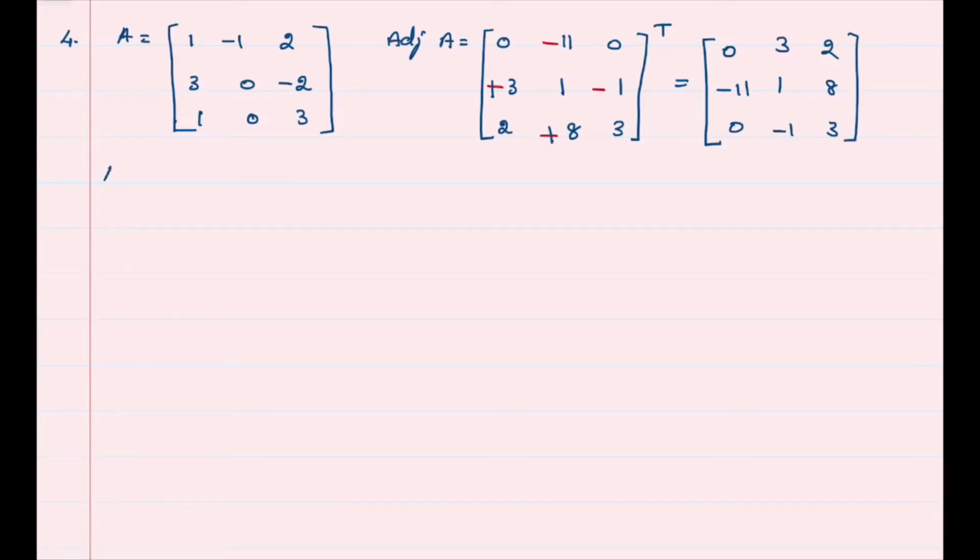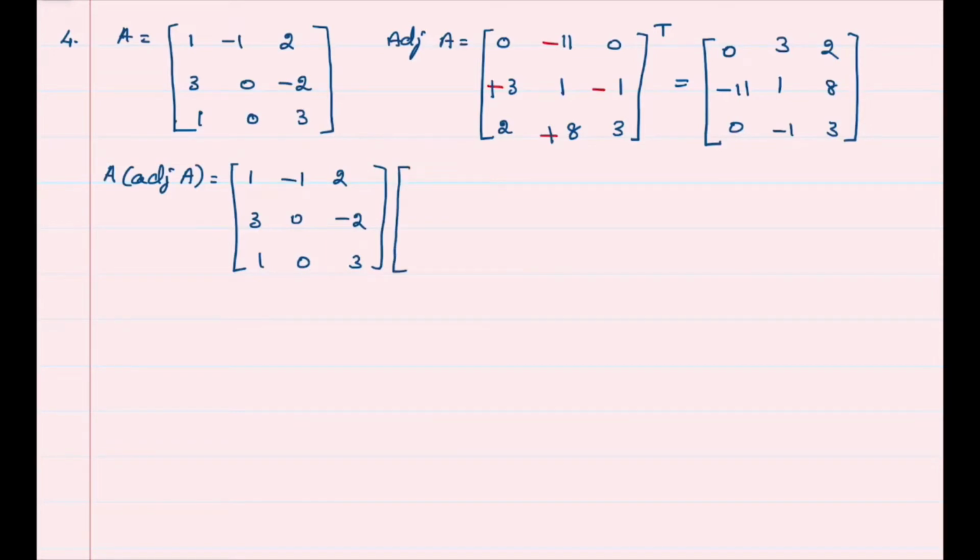Now we will find A times adjoint of A. First row into first column: 0 plus 11 plus 0. First row into second column: 3 minus 1 minus 2, 0.